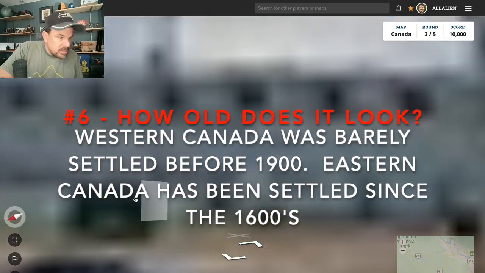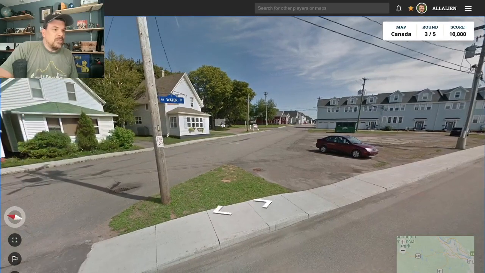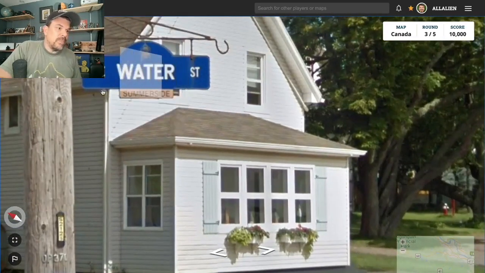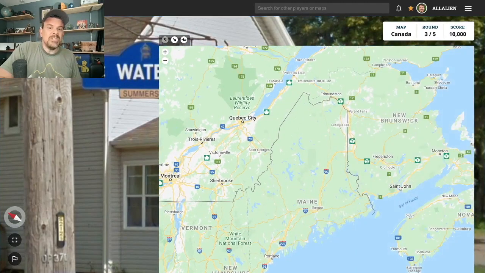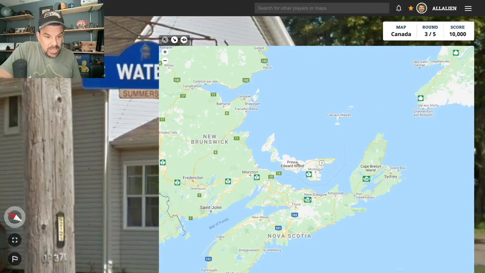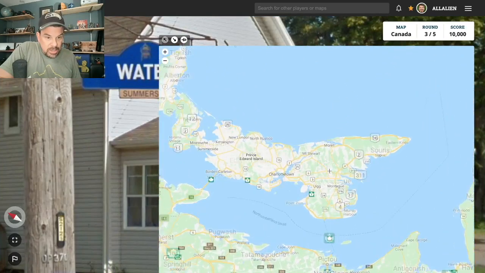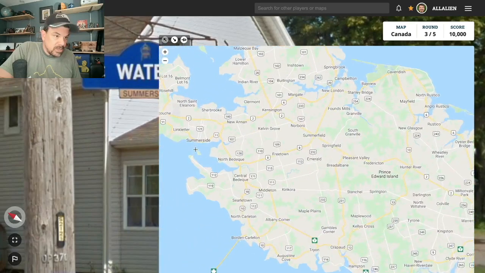First Street and Water. I mean, don't all these homes just kind of look like they could? Summerside. There we go. I might have missed that on the first pass. Summerside's the second biggest city in Prince Edward Island. The capital is Charlottetown, right here, but Summerside is here.